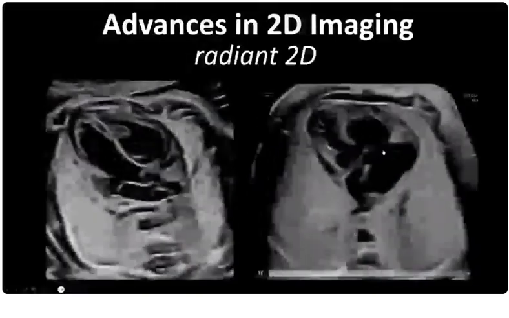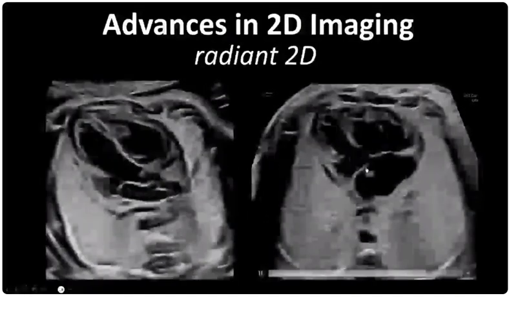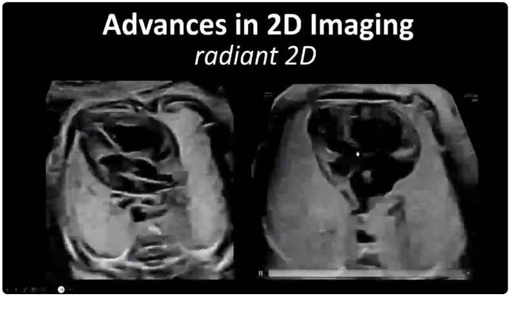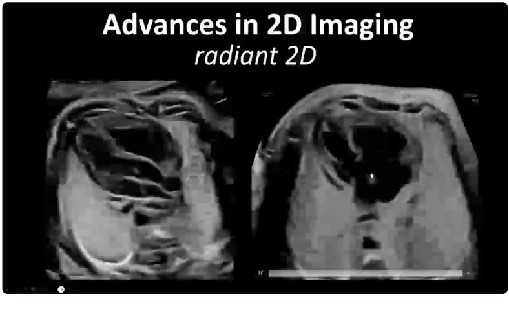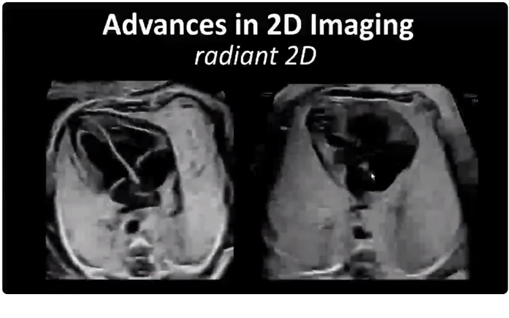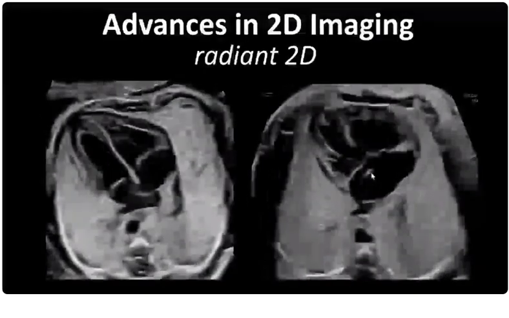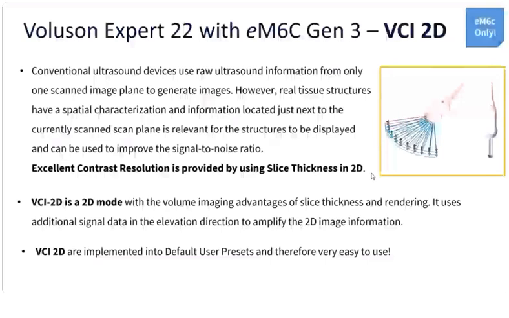Sometimes visualization of that linear insertion of the leaflets can be very tricky, and the visualization of the septum primum ASD and the inlet VSD is difficult and the defects are relatively small, so the application of Radiant 2D definitely can help the resolution and the very good delineation of those defects that make the diagnosis of the complete AV canal.